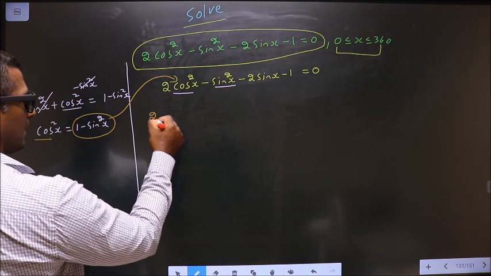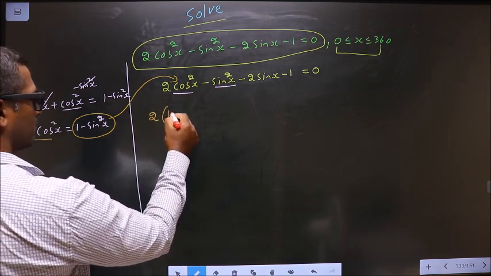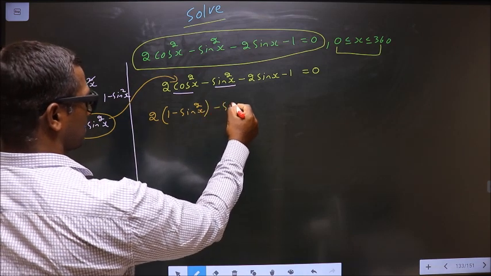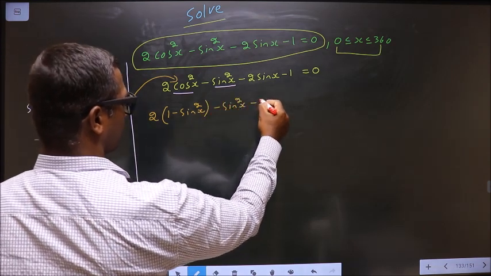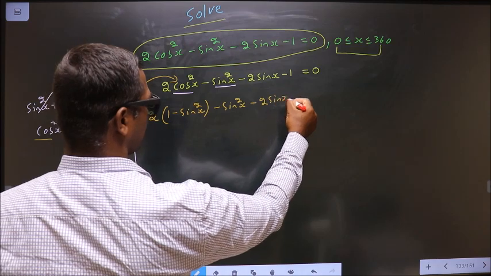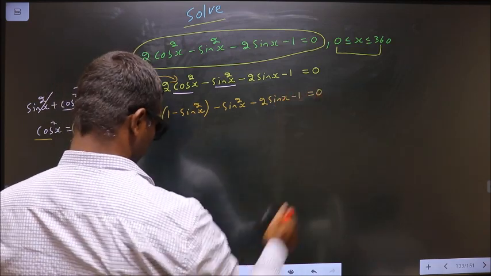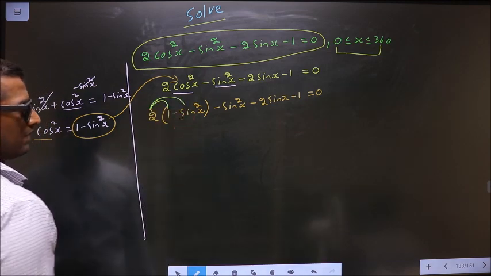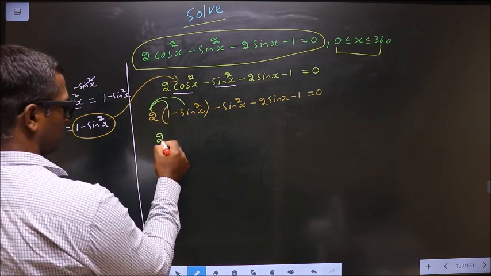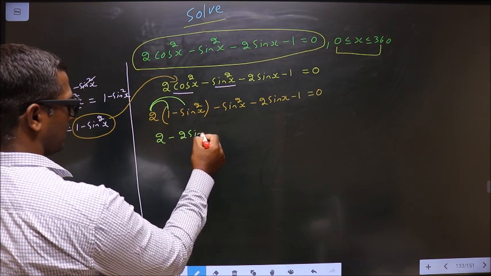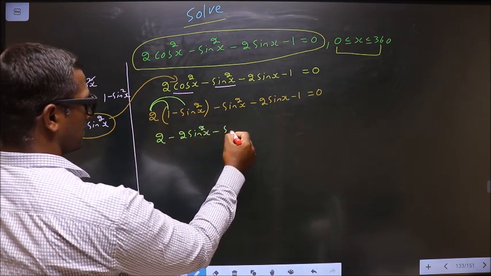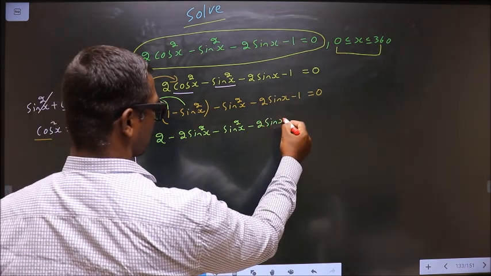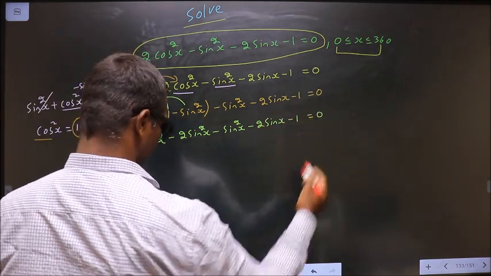So we get 2 times brackets, in place of cos square x, 1 minus sin square x, minus sin square x minus 2 sin x minus 1 equal to 0. Now open up the bracket in this way. 2 minus 2 sin square x minus sin square x minus 2 sin x minus 1 equal to 0.